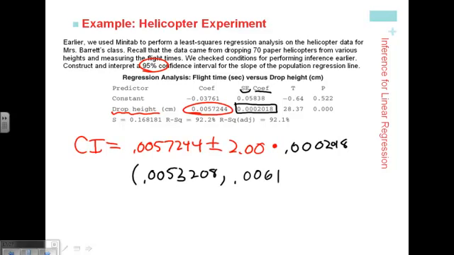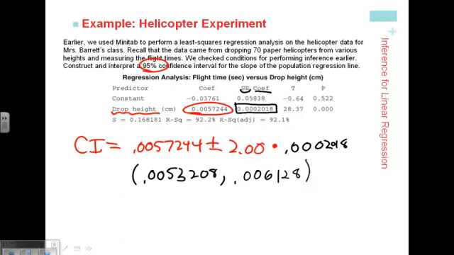Is that closer to what the other people are getting? Yeah, I'll see what I did. It's 2.0, right? 2.00 times 0.0002. I got 6128. Okay. Something like that.